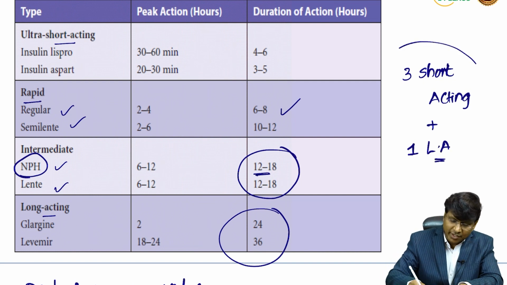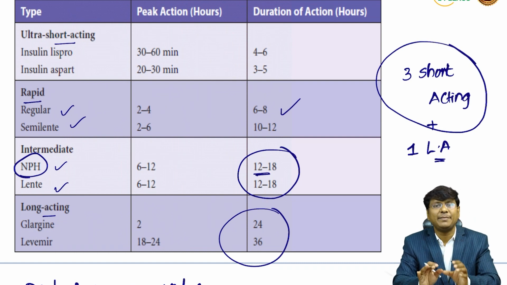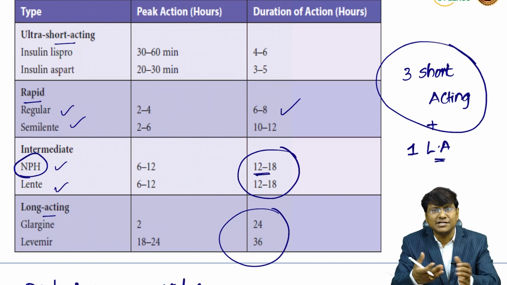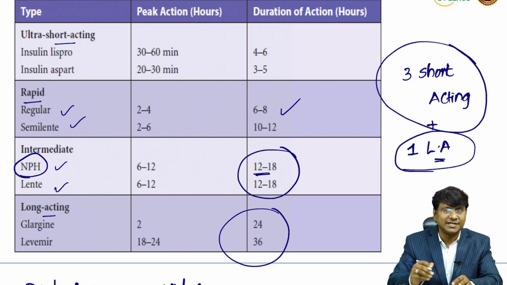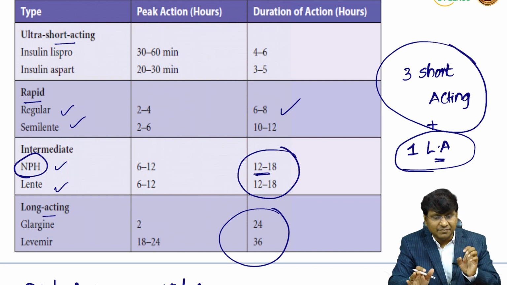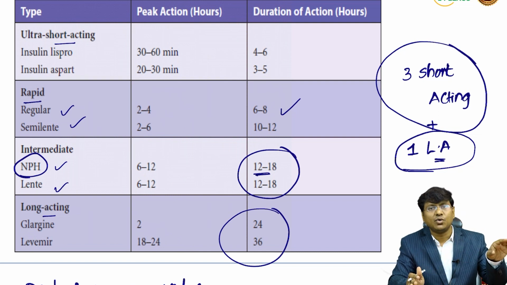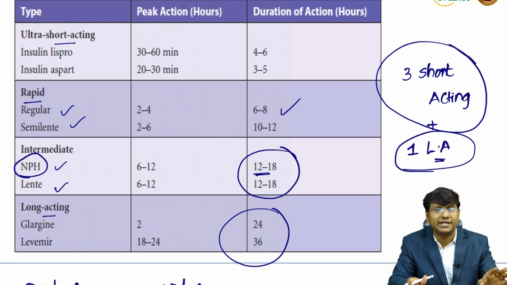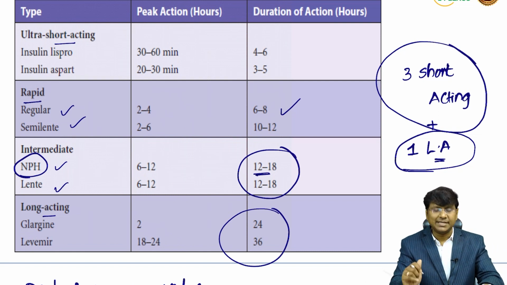The 3 short acting insulin doses are useful mainly to control the glucose of breakfast, lunch and dinner. These are 3 boluses. Whereas long acting insulin gives the basal insulin and controls the glucose throughout the day.